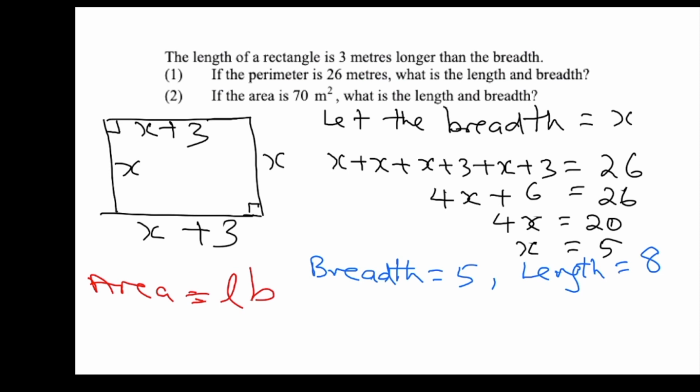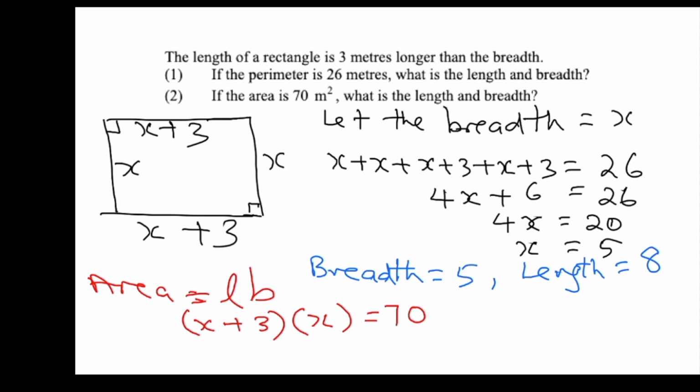But in this case, the area is equal to 70. So if we take the length, which is x plus 3, and we multiply that by the breadth, which is x, that must give us 70.